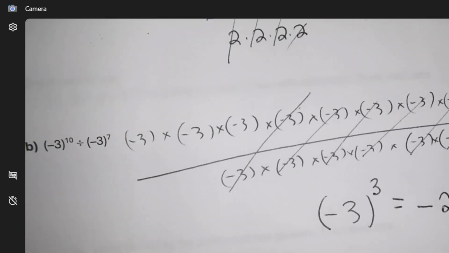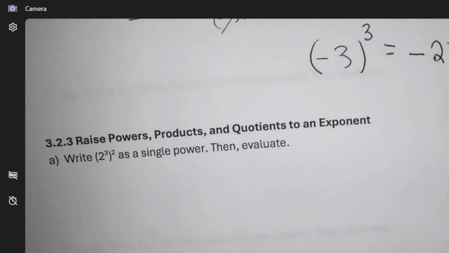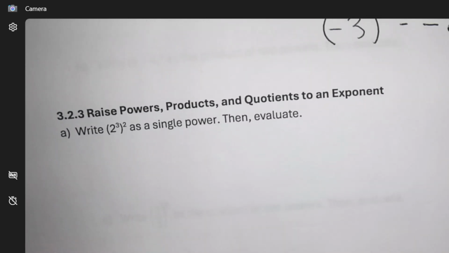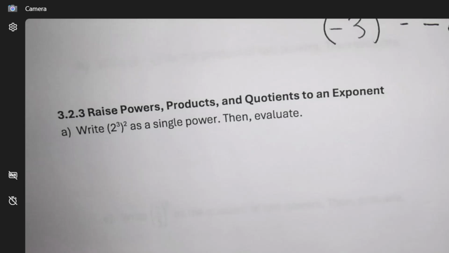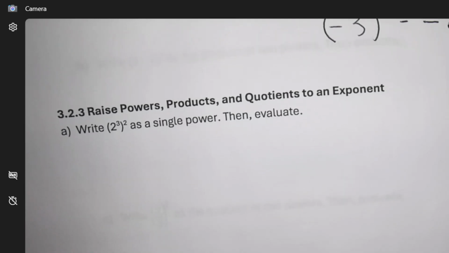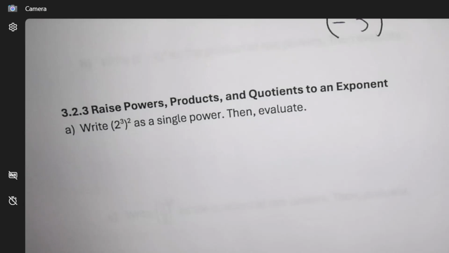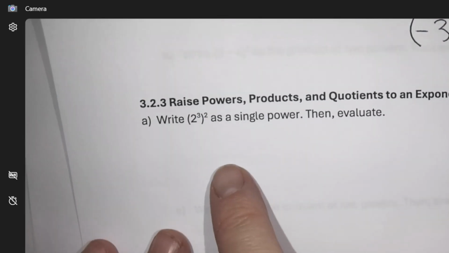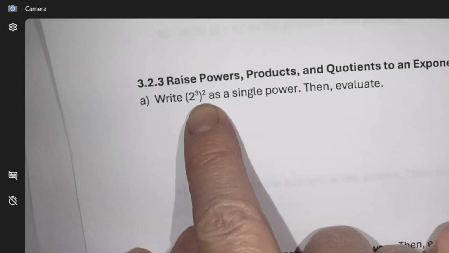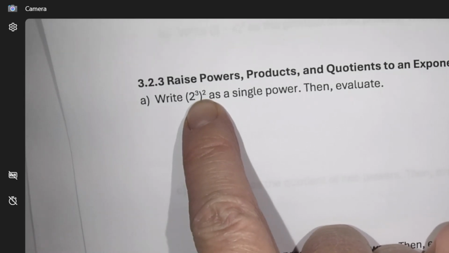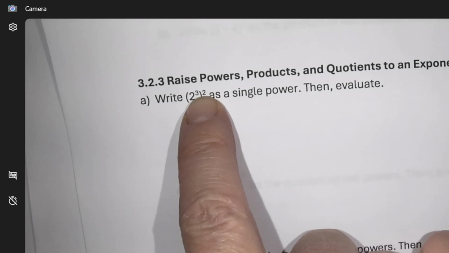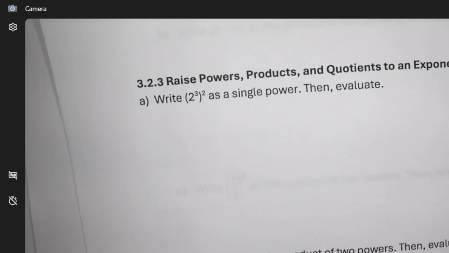Okay, we are going to go through 2 more rules. So now we did multiply and divide. So this one is raising a power to an exponent. This says what is 2 cubed raised to the second power.